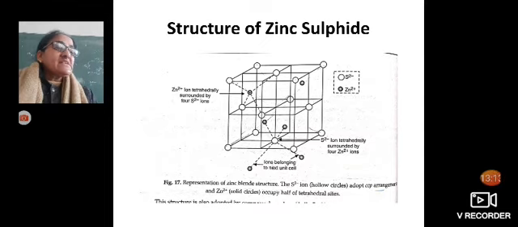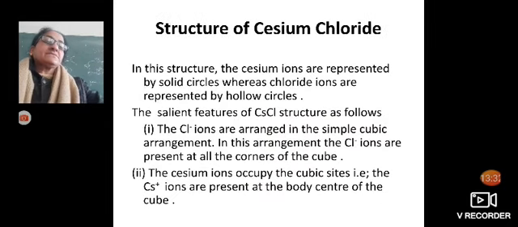The sulfide ions are shown by hollow circles, and zinc 2+ ions are shown by solid circles. Sulfide ions adopt a cubic close packing arrangement, and zinc 2+ ions occupy half of the tetrahedral sites.